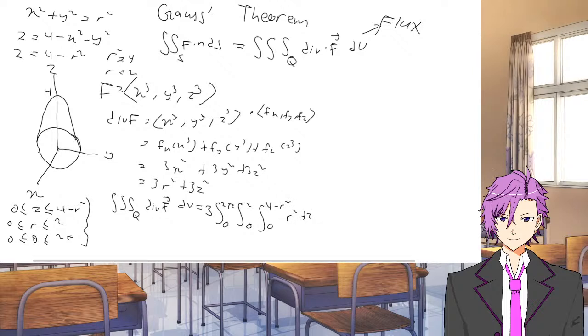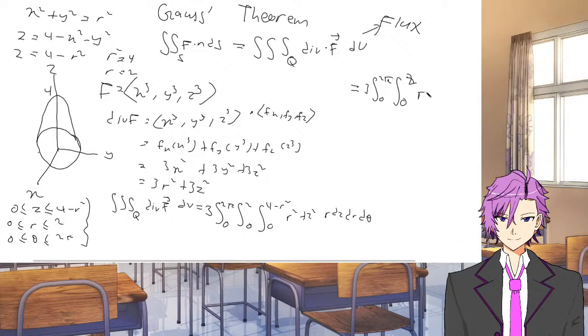Since these are cylindrical components, I think it's cylindrical components, yes, so r dz dr d theta. We have to do the triple integral based on what is given here. So 3, 0 to 2 pi, 0 to 2. We'll immediately start to integrate z.